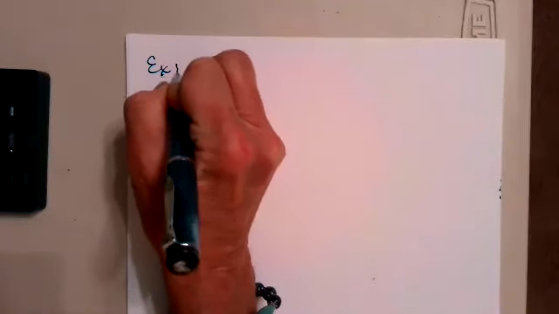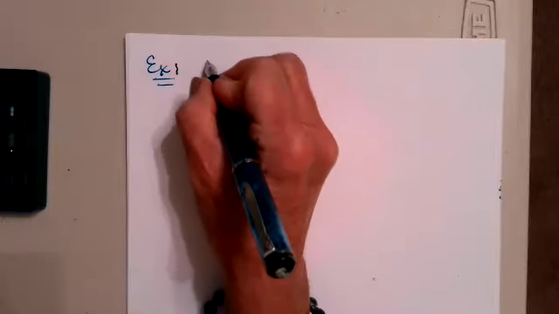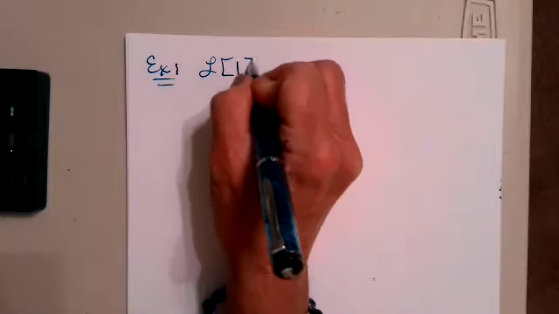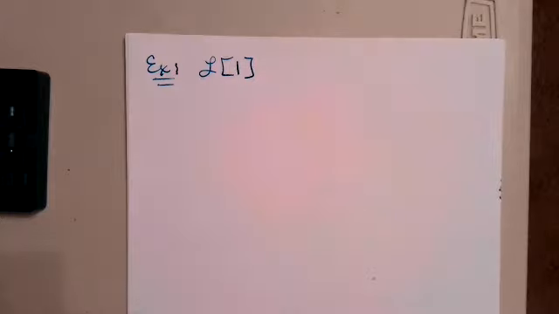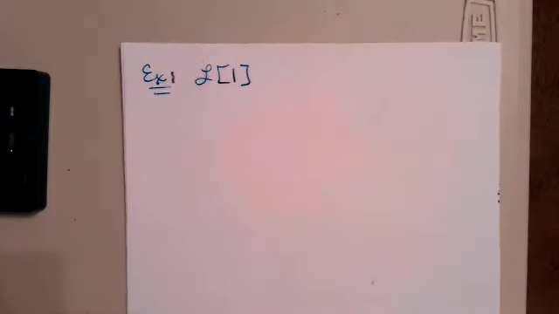Okay. All right. Another thing we're going to want to do is compute an easier Laplace transform. I kind of started with a hard one. So let's start with a really easy one. Maybe I should have done this first and not scared you a bit.